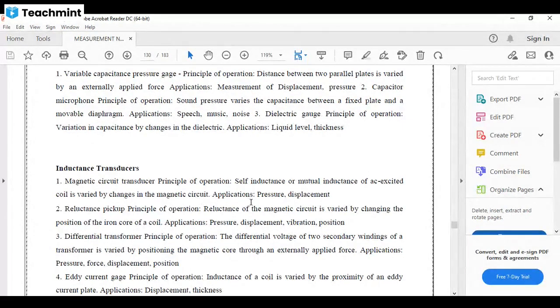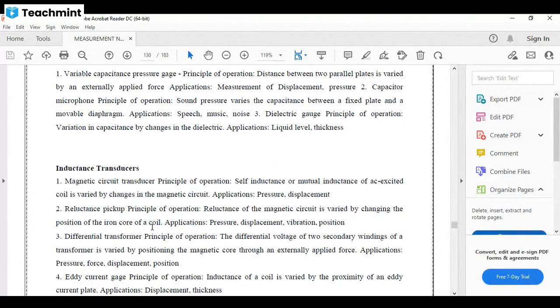The application is that pressure and displacement can be measured using this type of transducer. And number two is the reluctance pickup transducer. In the reluctance type transducer, the magnetic circuit is varied by changing the position of the iron core.